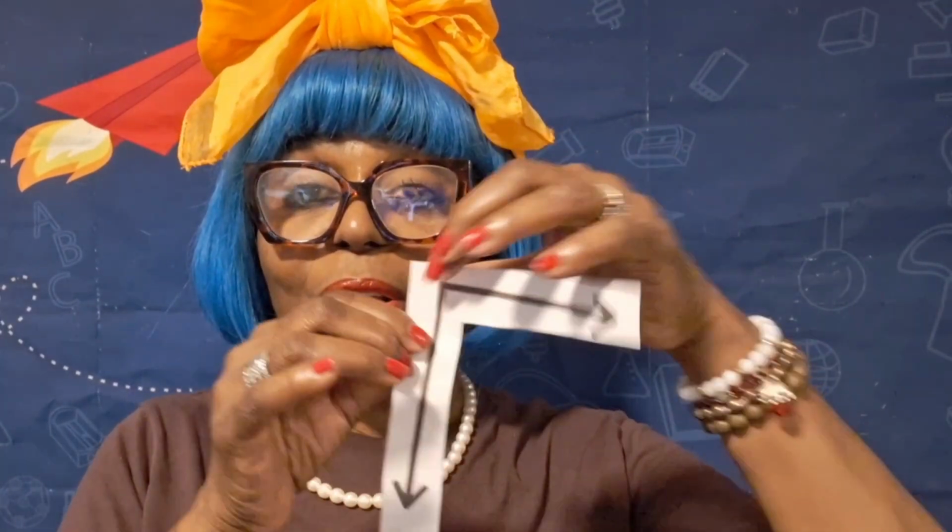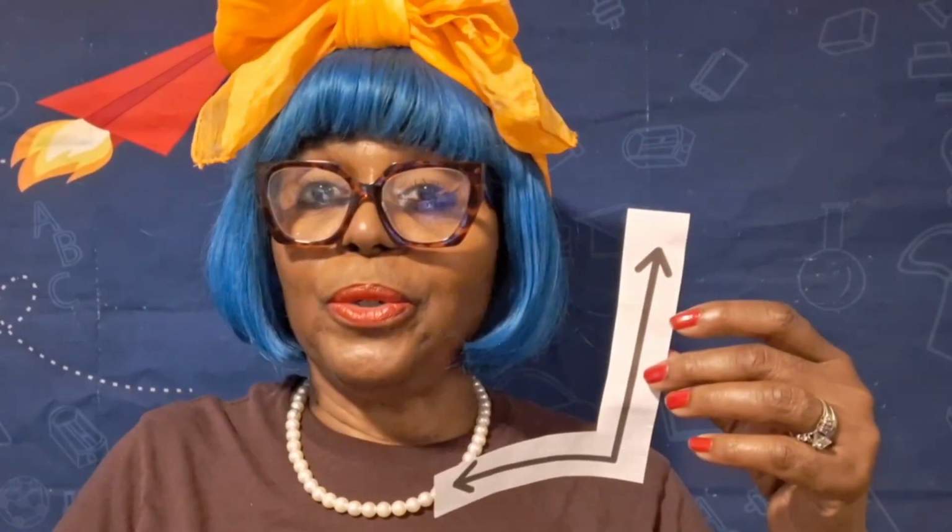Look at the mirrors and see if you can trace the right angle shape, which is an L. No matter if it's upside down, as long as it makes an L shape. The carpet on your floor, your television, your laptop, your iPad, your cell phone. See if you can find right angles in your home.